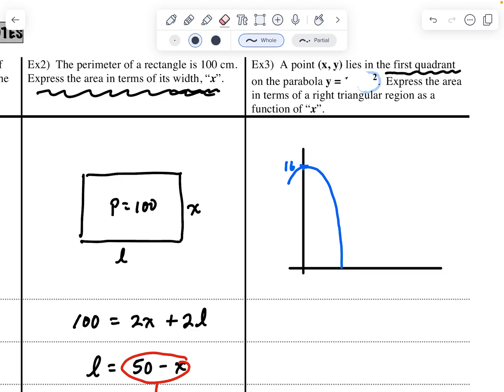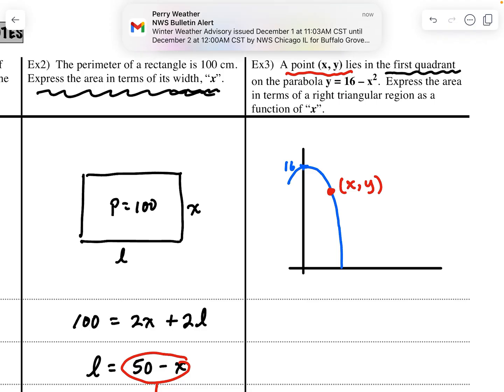All right, next, going back. It says that I have a point xy that lies in the first quadrant on the parabola. All right, drawing it anywhere. There is a point on the parabola in the first quadrant. Now the next part is a little tricky. Express the area of a right triangular region as a function of x.